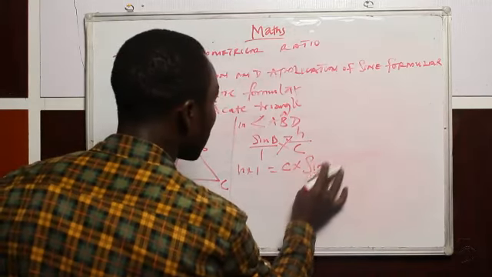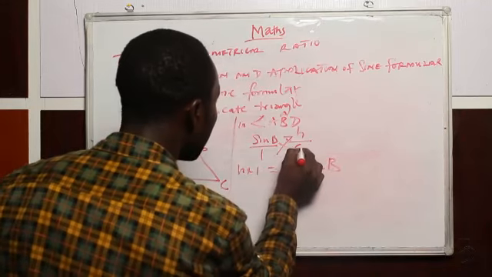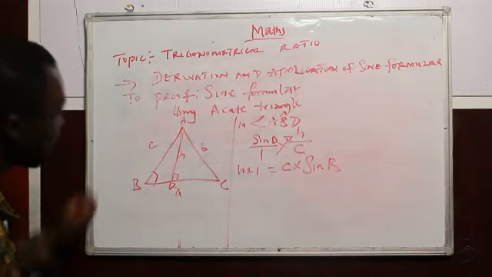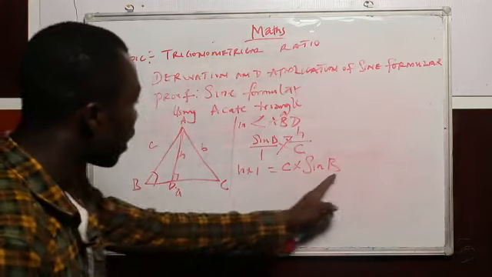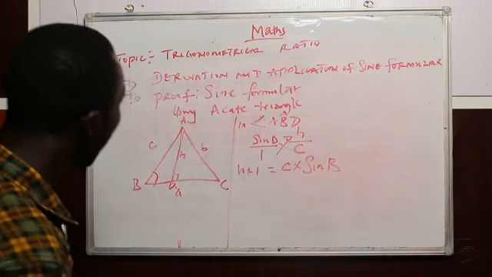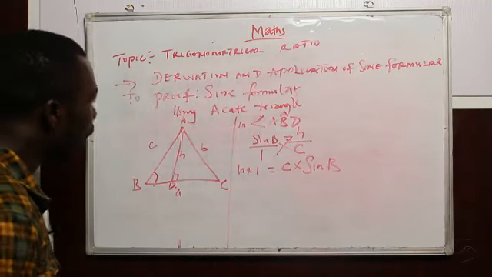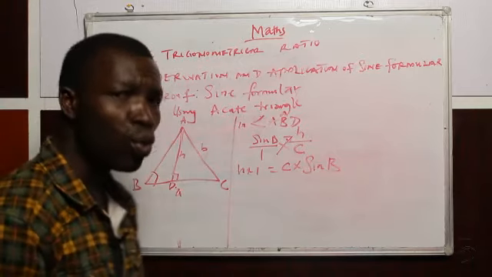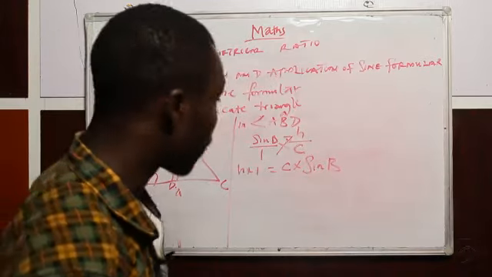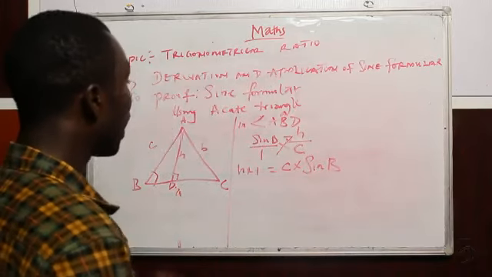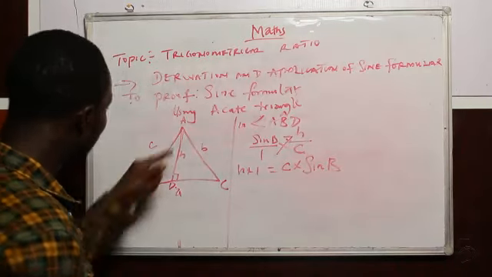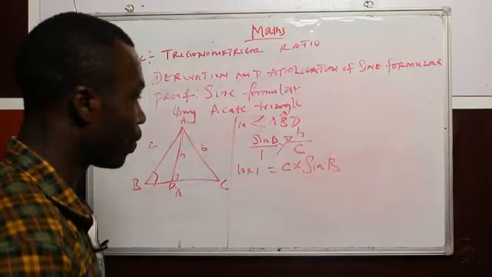This capital B is the angle, and this small letter c is the side. So AB has a small c as its side, while B has a capital B as its angle. So in deriving the sine formula, we consider the angle and the side. Now, sine B, according to SOHCAHTOA, means opposite over hypotenuse. h is the opposite, small letter c is the hypotenuse.